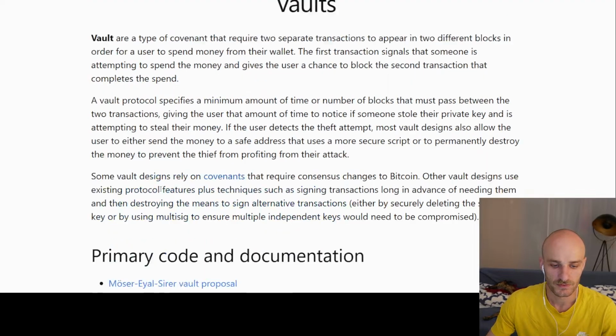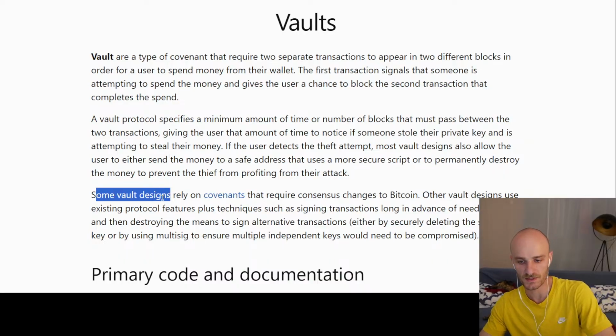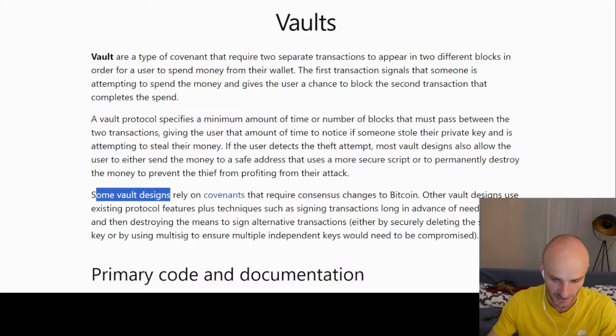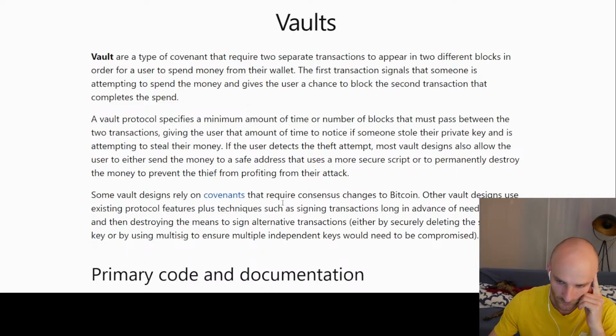Okay, therefore the first important thing for me is that vaults have designs which involve covenants, but there are alternatives with the current state of the Bitcoin blockchain protocol, let's say, instead of technology. And then we have several ways when speaking about implementations which rely on covenants.